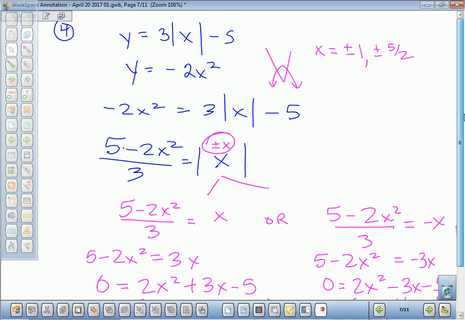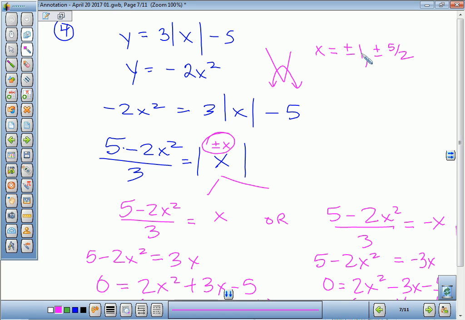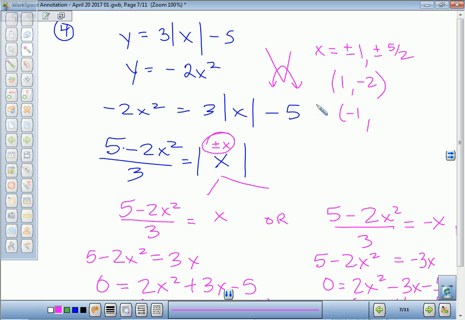Okay? So if I plug in positive 1, I get 3 minus 5 is negative 2. If I plug in positive 1 here, I get out negative 2. Okay, so this one works because it works for both, right? All right, let's plug in negative 1. If I plug in negative 1, I get 3 minus 5 is negative 2. If I plug in negative 1, negative 1 squared is 1 times negative 2.